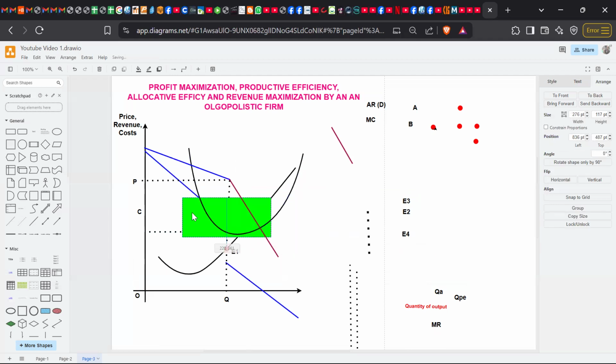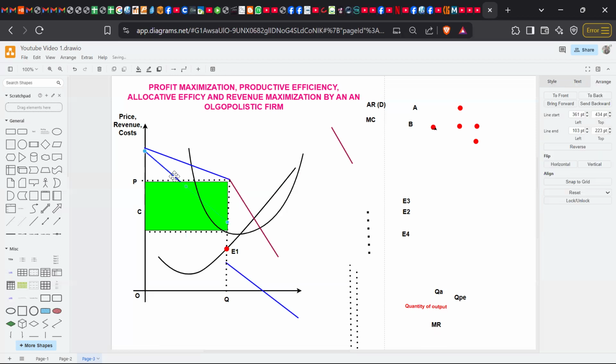Which means that the firm is making abnormal profit equal to this green rectangle. Why the green rectangle? Because in order to make OQ quantity, the firm's average per unit cost is OC, but it makes total quantity OQ.